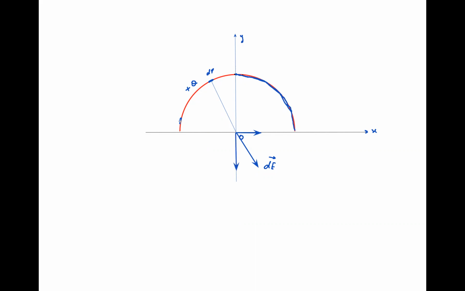This one also has dEx and dEy. So we don't have two opposite components, we don't have symmetry. In this case, we have to calculate dE equal dEx plus dEy, these two components.